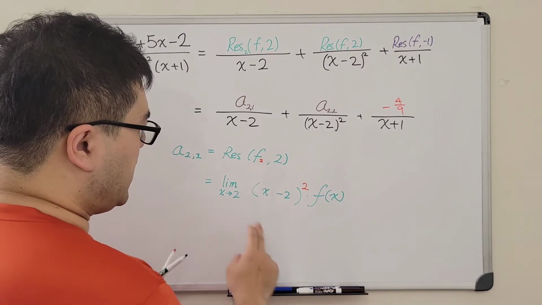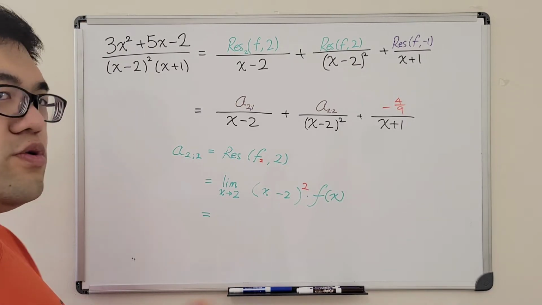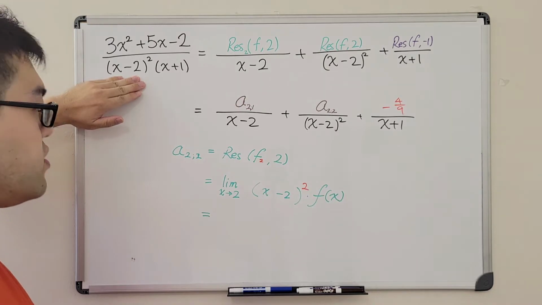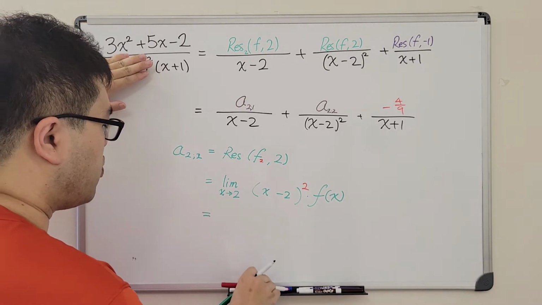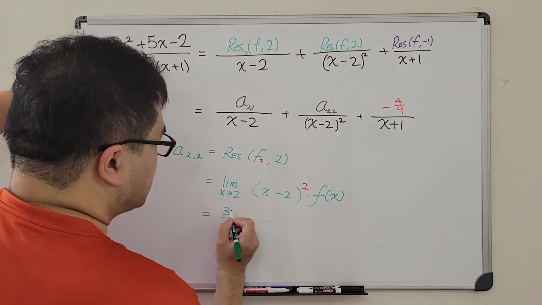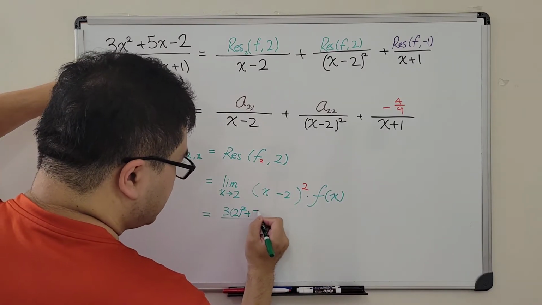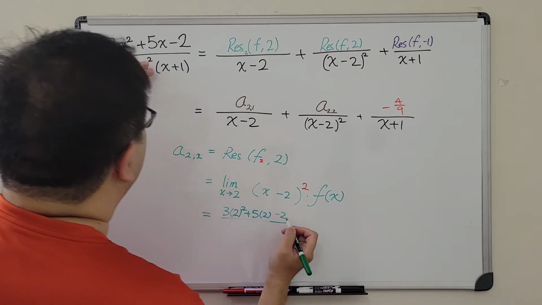So if we do that, we now can use the covering method again. The 2 copies of x minus 2 in the denominator will be cancelled, so that now on the top we have 3 times x squared, where x is 2, plus 5 times x, which is 2 again, and then minus 2 on top.